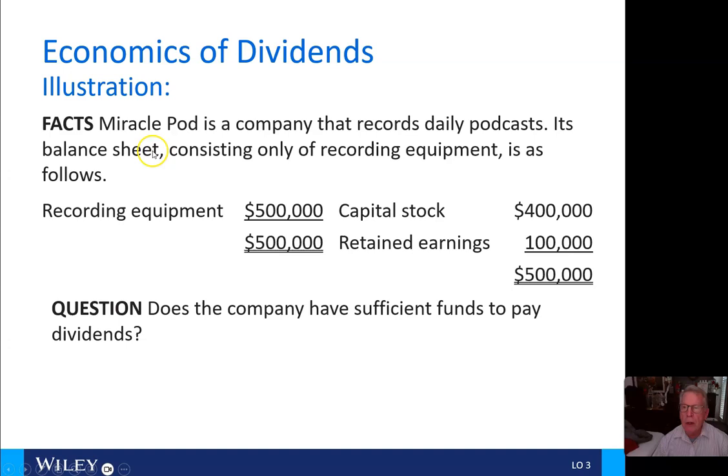So, here's an illustration. Miracle Pod is a company that records daily podcasts. Its balance sheet, consisting only of recording equipment, is as follows. So here's its recording equipment, $500,000, and its capital stock is $400,000, and retained earnings is $100,000. Okay, so does the company have sufficient funds to pay dividends?